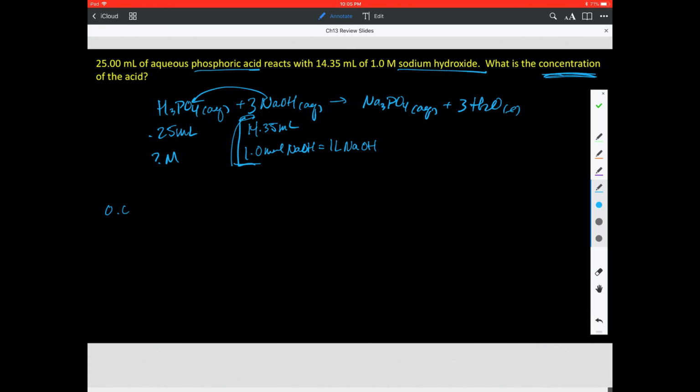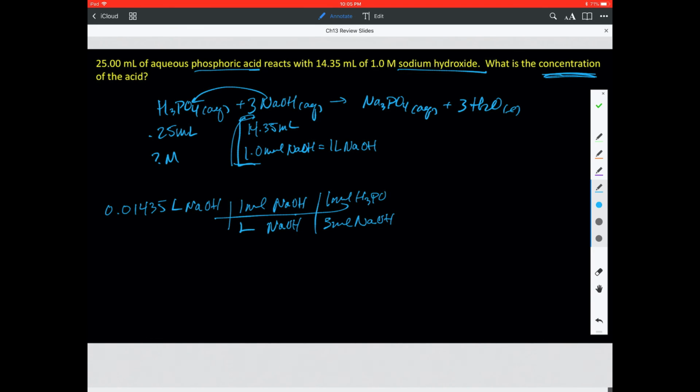So let's go ahead and start with 0.01435 liters of NaOH, 1 mole per liter of NaOH. And then for every 3 moles of NaOH, I would require 1 mole of H3PO4.